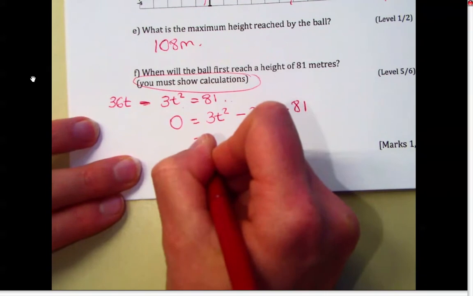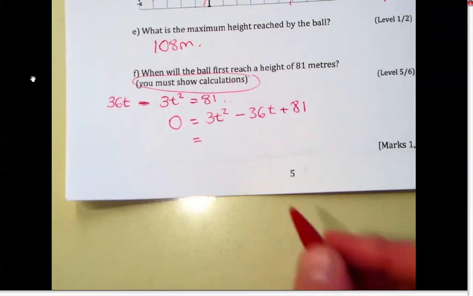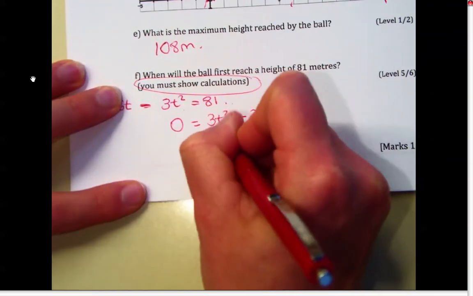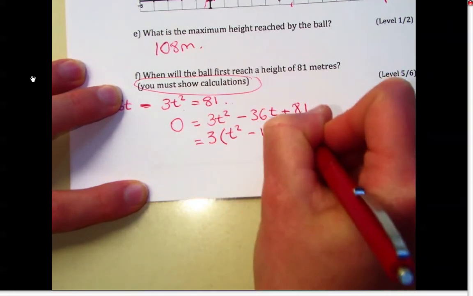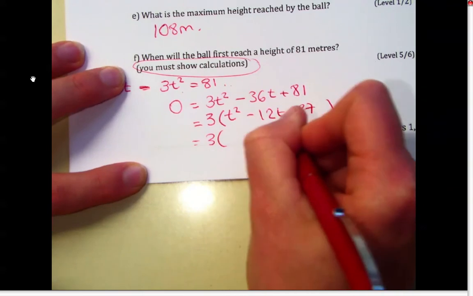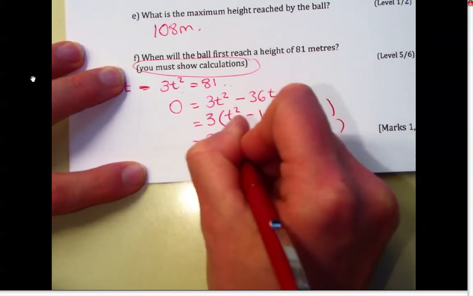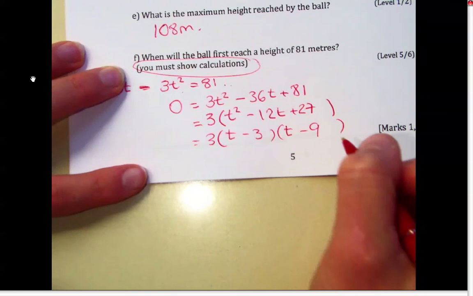Before you go ahead and put everything into brackets, what do you notice? 3, 36, 81. They're all divisible by 3, so I'm going to put the 3 on the outside. t squared minus 12t plus 27. And now I can factorize. t minus 3, t minus 9.